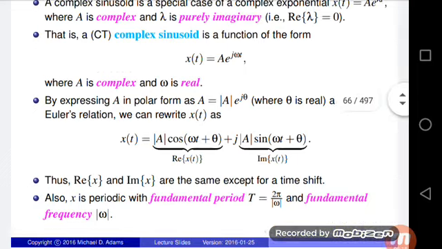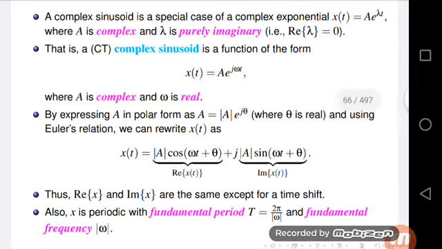Thus the real and imaginary terms are the same except for a time shift. Also x is periodic with fundamental period T equal to 2 pi by mod omega and fundamental frequency mod omega.